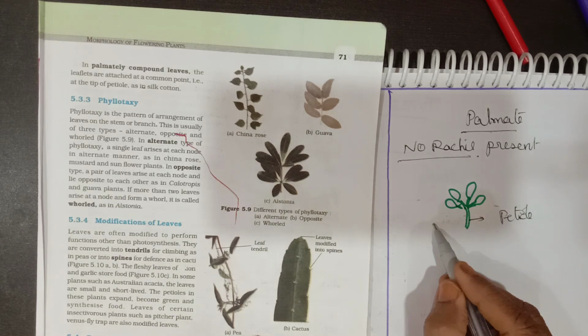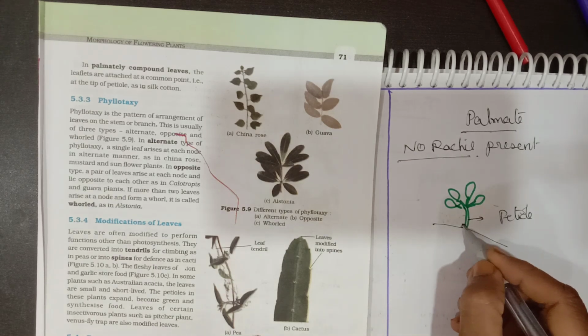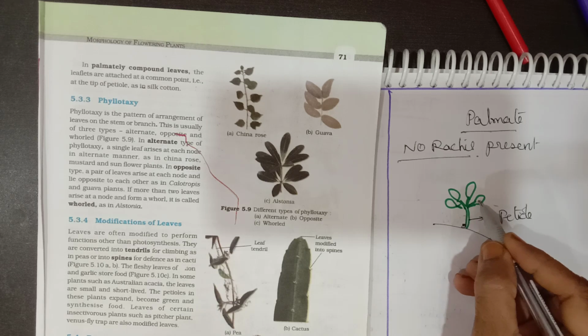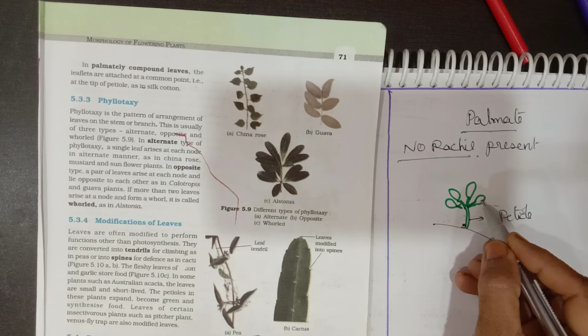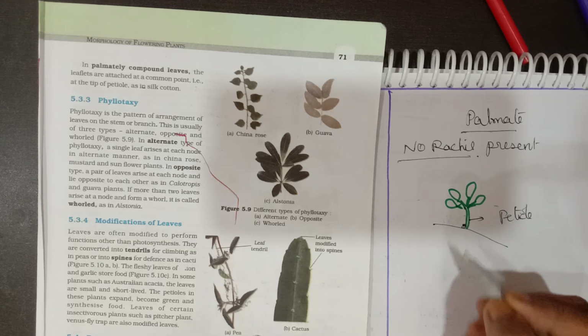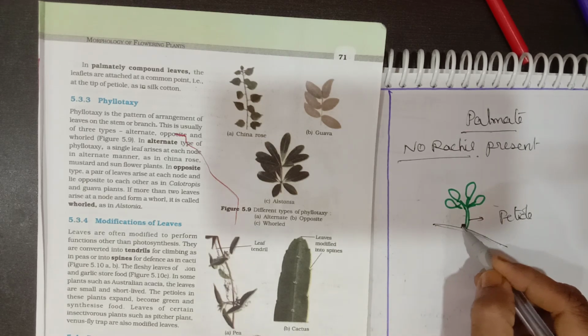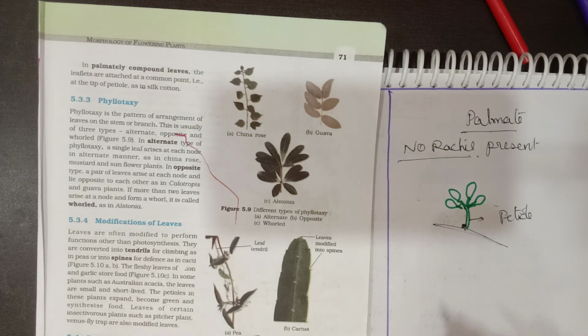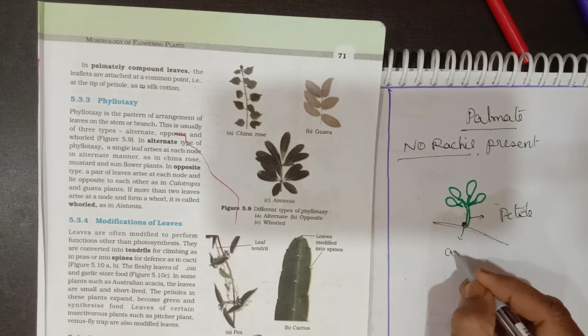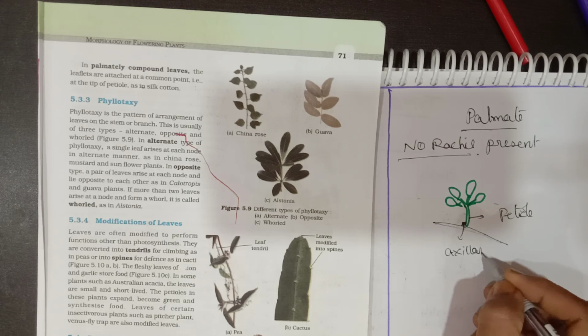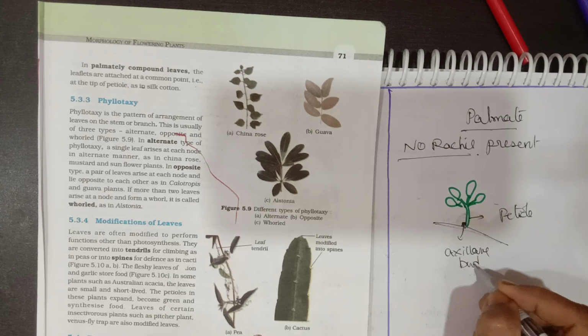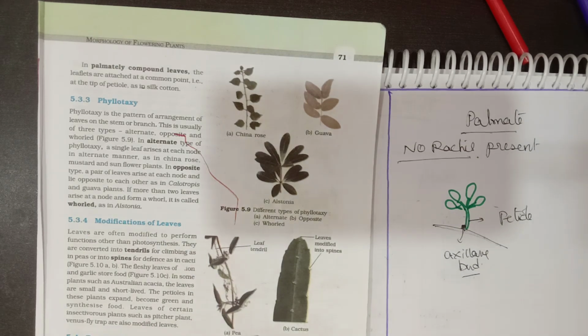So here the axillary bud will be present not at the junction of the stalk of the leaflet and the petiole. The petiole will be attached to the stem, and at this angle there will be an axillary bud present. With that, we can identify that it is a compound leaf, not showing whorled philotaxy.